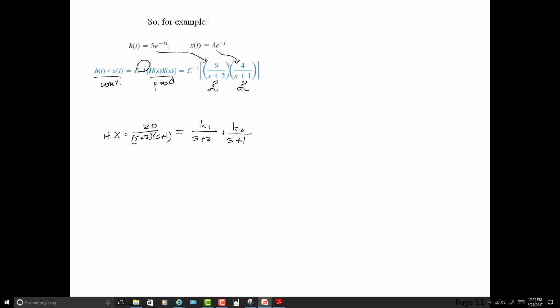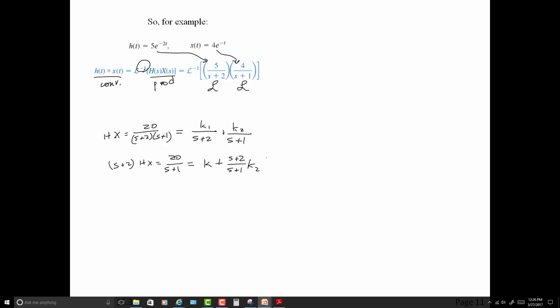It said to isolate k1, right? So multiply by s plus 2 times the H of s. So that's going to be 20 over s plus 1, right, is going to be what? S plus 2 times this, that's k1 plus s plus 2 over s plus 1 times k2.